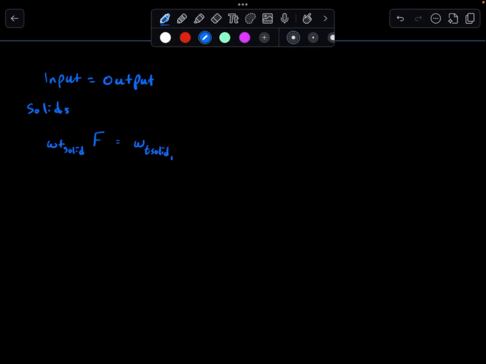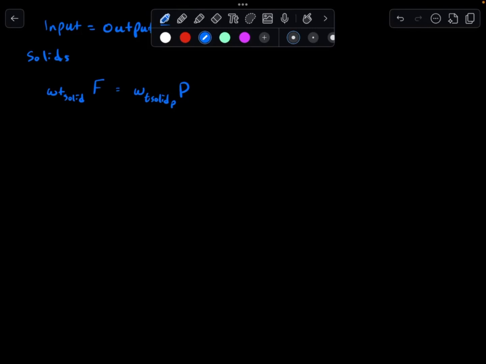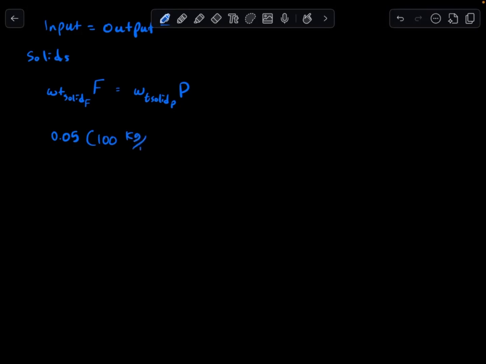So I'm going to just have P over here, and I'm actually going to put an F in here as well. And the flow rate is 100 kilograms per hour.